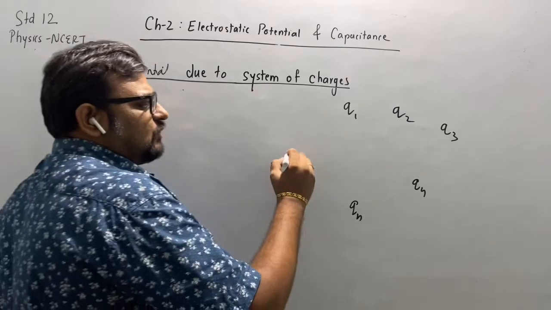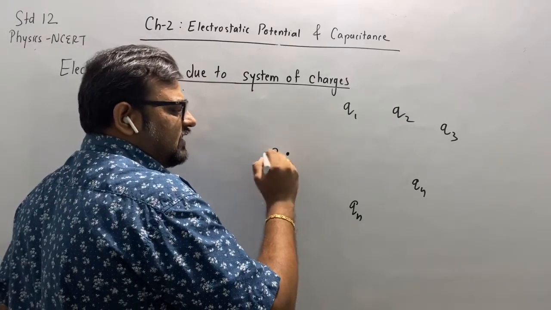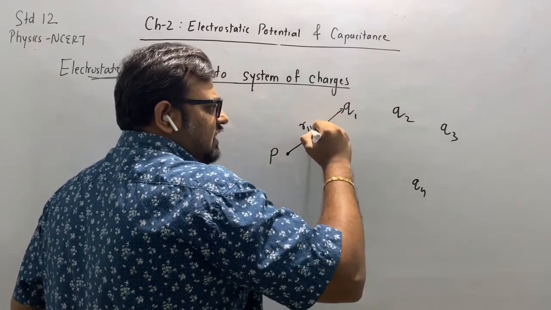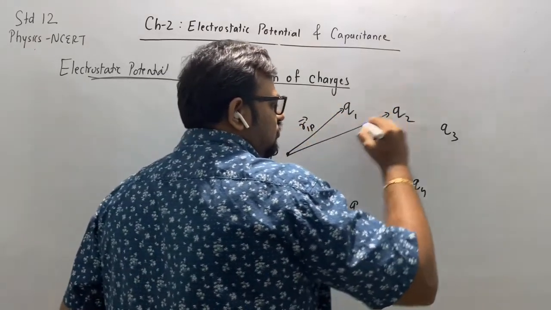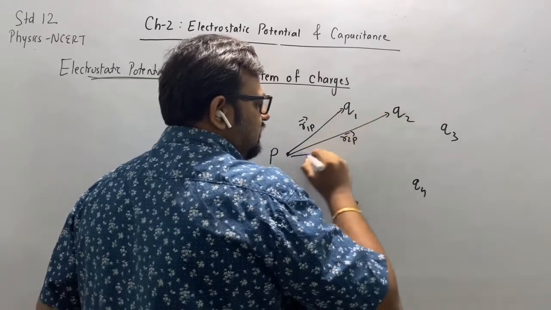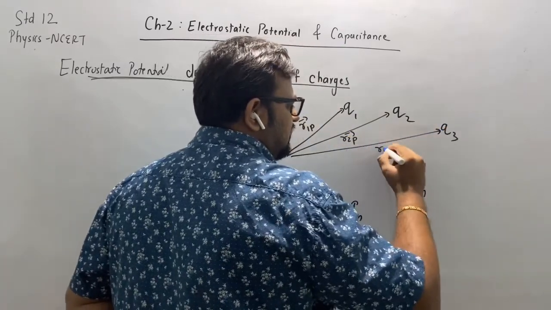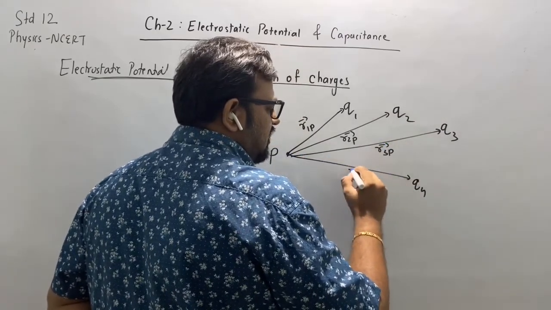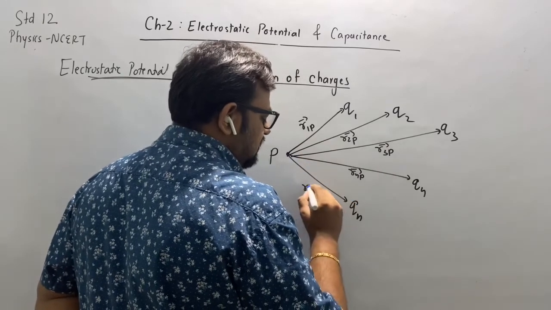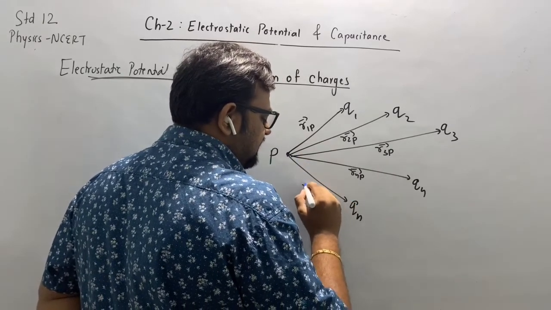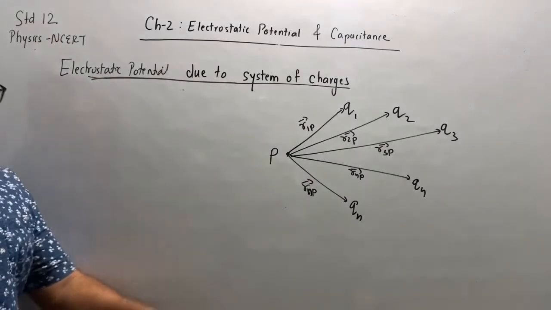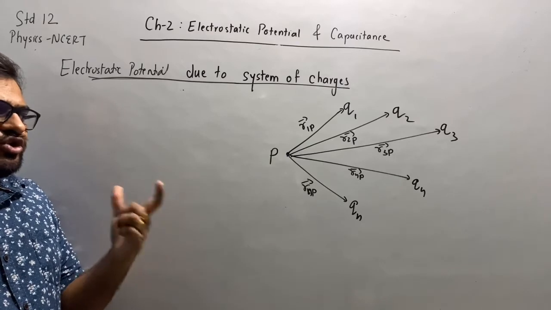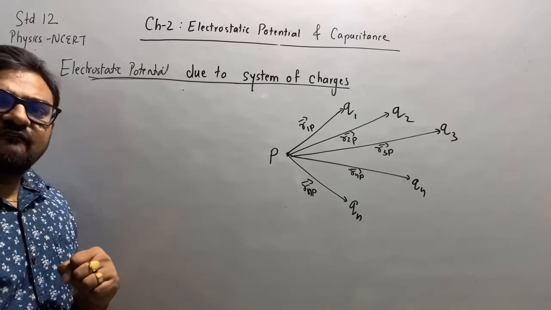Let's find out the potential at point P. So let the position vector of charge 1 be R1P, 2 R2P, 3 R3P, R4P, up to RnP. So we want to find out the electric potential at point P, and there are charges Q1, Q2, Q3, Q4 up to Qn as shown in figure.